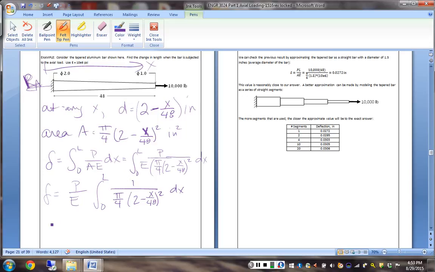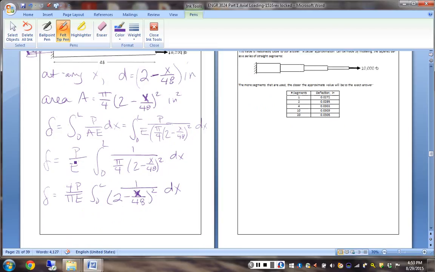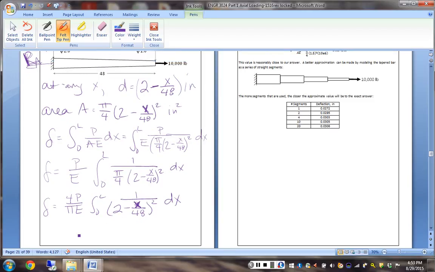But we said the pi over 4 is a constant, so we can bring that out and flip it over for P over pi E. Things are looking a little better on the integral front. 2 minus x over 48 quantity squared dx. And at this point, we can seek solace in integral tables.